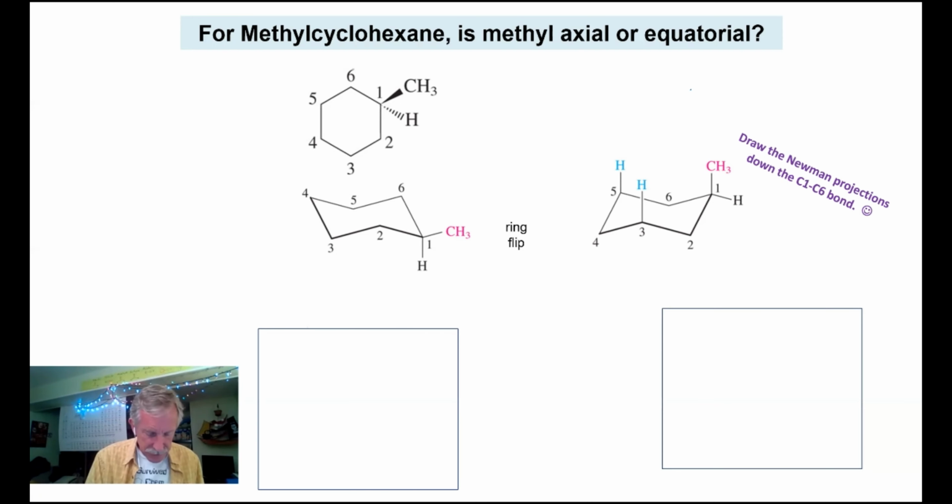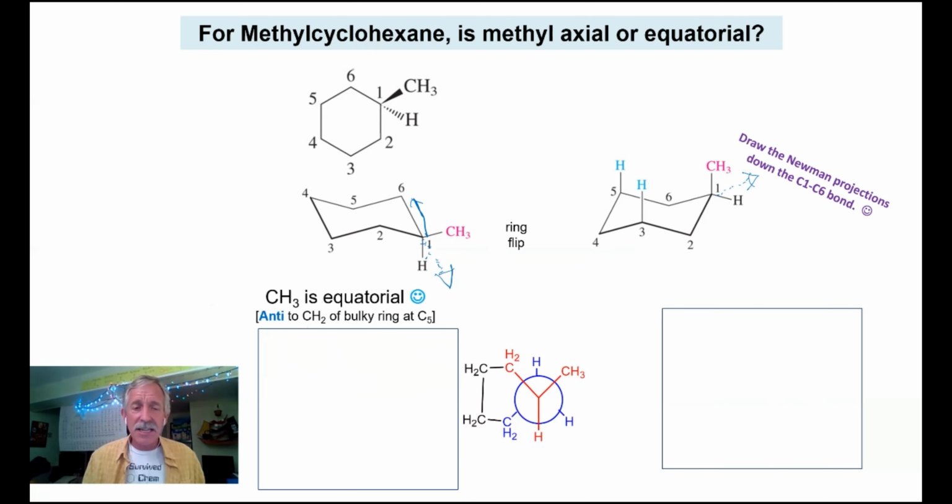This bond, as if you were looking here. And draw the same one down this bond, C1, C6. And again, keep in mind which side the ring would be on as you're looking down that bond. The ring is going to be on the right or the left, who's on the front carbon, who are the axials, and give this a shot.